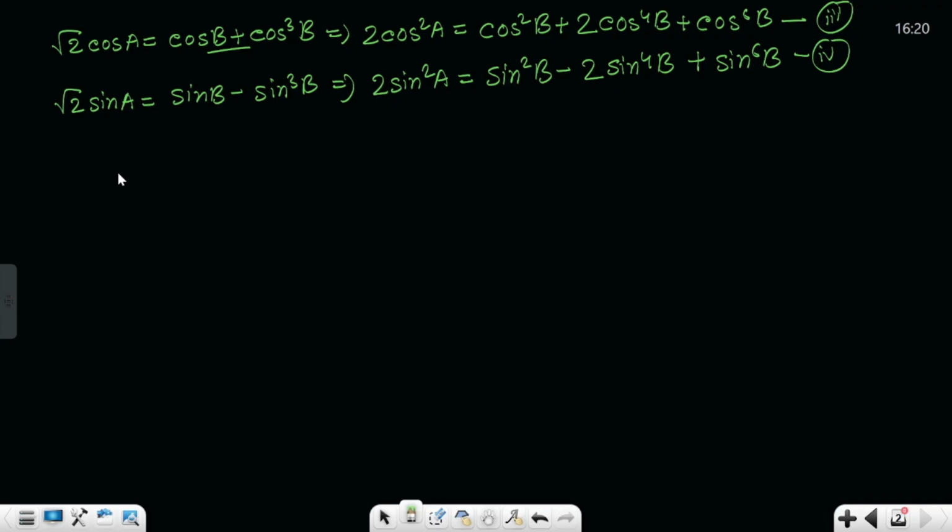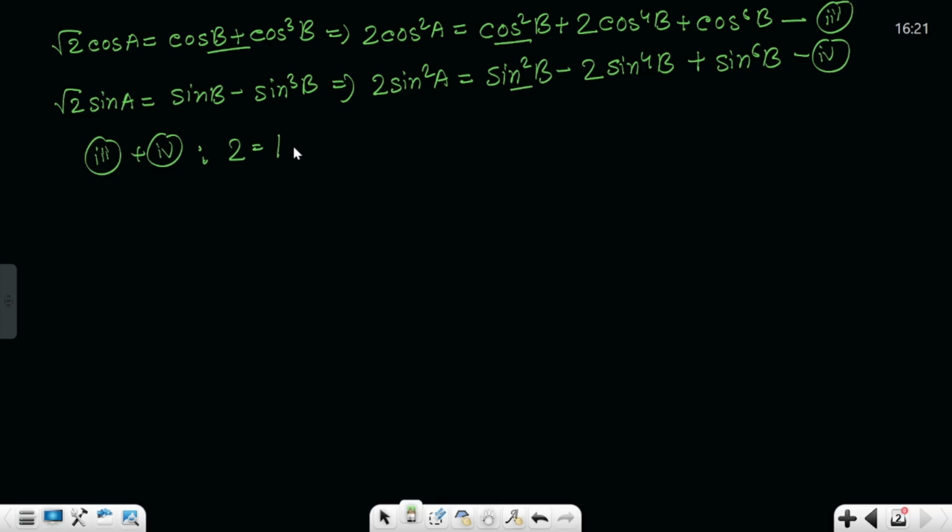Now what we will do? We will add 3 and 4. In the left hand side, it will be 2 into cos square a plus sin square a. Now, cos square a plus sin square a is equal to 1. In the right hand side, we will also get cos square b plus sin square b, which is also equal to 1.